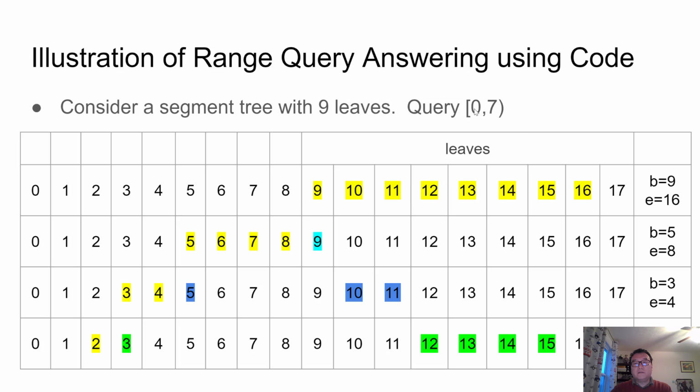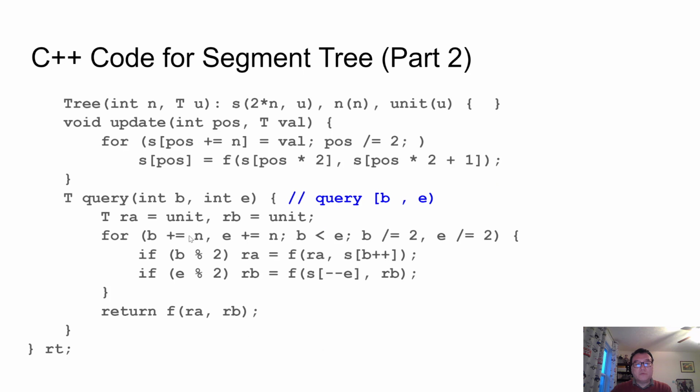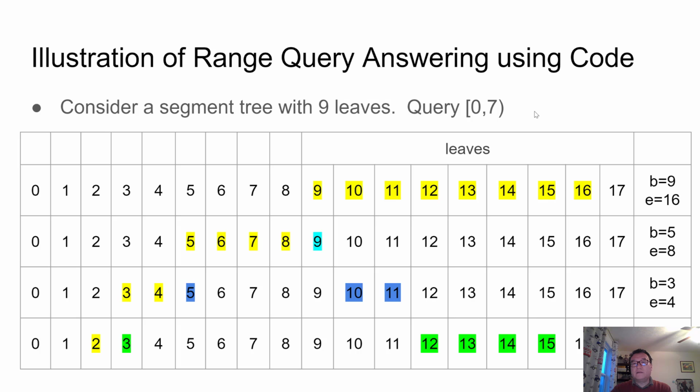When we start, our query range is from 0 to 7, and 7 is not included, so that includes the 7 elements at index 0, 1, up to 6. These yellow highlighted here are the 7 elements. In the initialization, we add n to both beginning and end, so we add 9 to this.